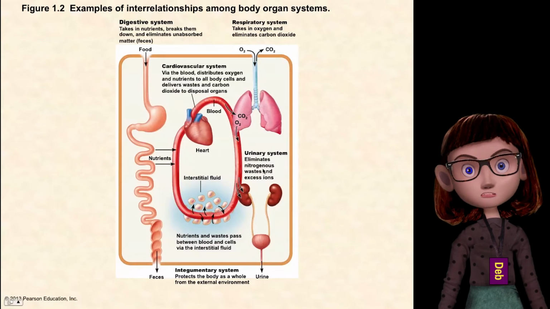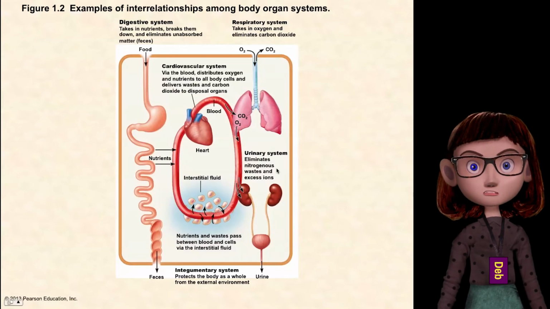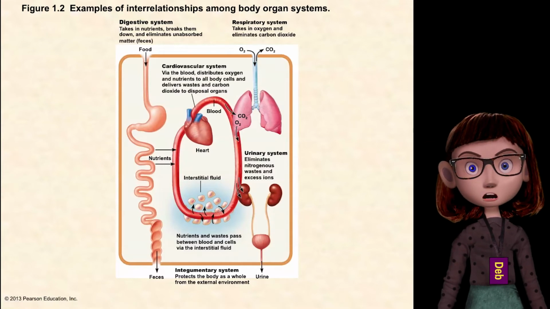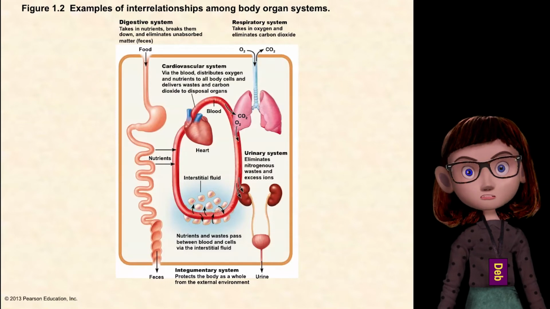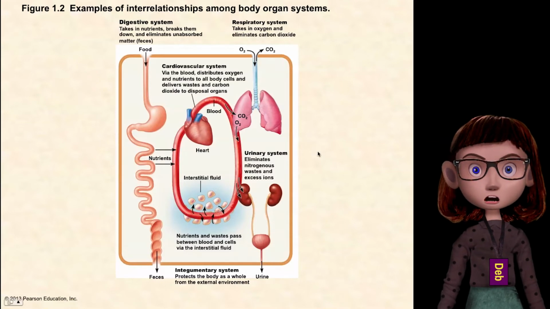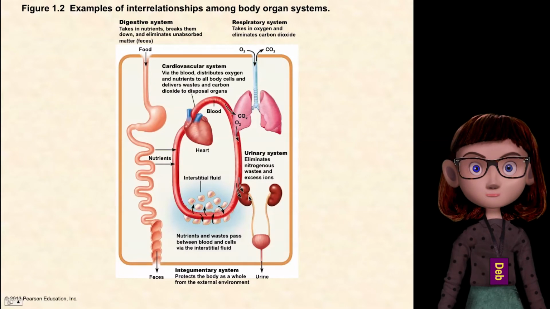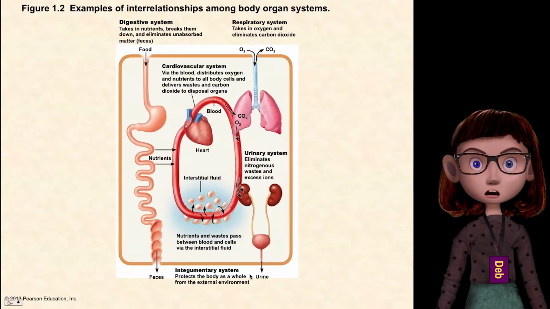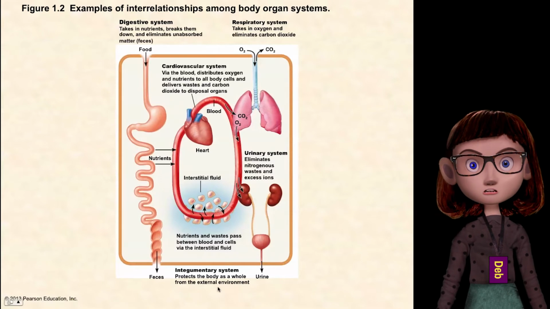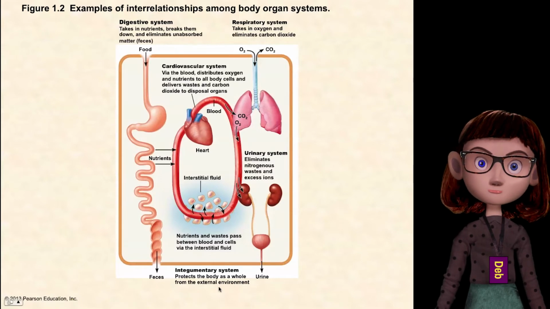The urinary system eliminates nitrogenous waste. This means molecules that have the element nitrogen in them. We have specialized systems, particularly the urinary system, that are going to excrete things such as urea and uric acid, which we're going to be talking about when we get to the urinary system. The integumentary system protects the body as a whole from the external environment.